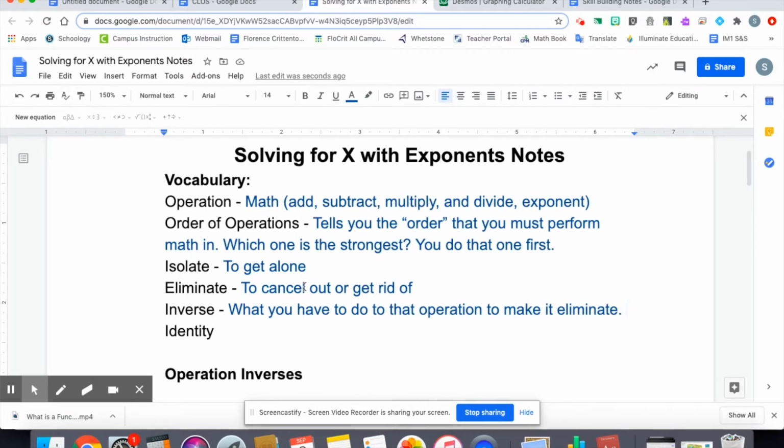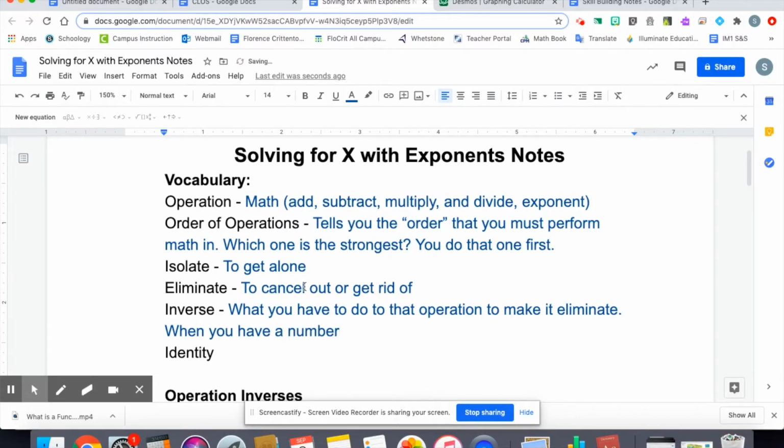But the hard definition of inverse is this. When you have a number, star, and star means operation. Here, I'm going to write this up, operation. They use star to mean operation.